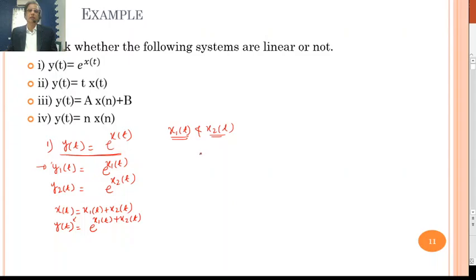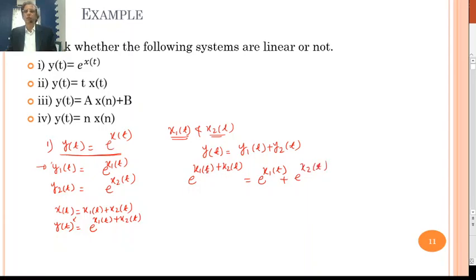Now using this linear or superposition principle, we know that yt should be equal to y1t plus y2t. What is yt? It is e raised to x1t plus x2t, the overall response of the system due to the signals x1t and x2t, and the output due to the individual signals is e raised to x1t plus e raised to x2t. Now are the left hand side and the right hand side the same?